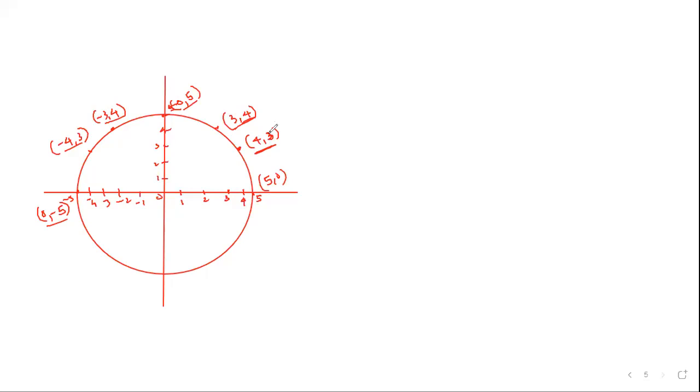If you can say it, it will be fabulous. If you can't, it's okay, not a big problem. If you square the x coordinate, square the y coordinate and add, what do you get?